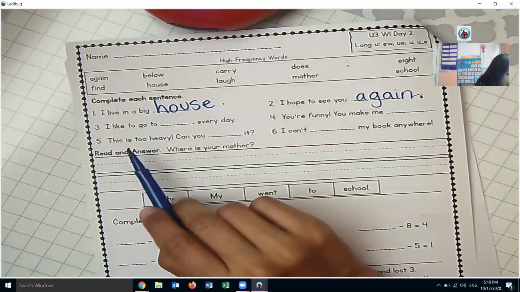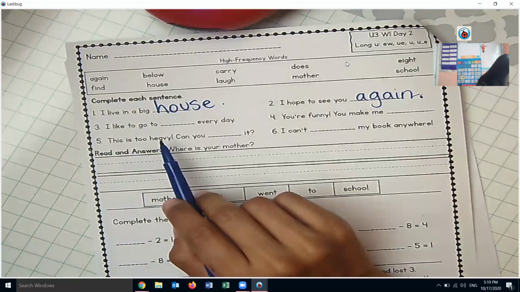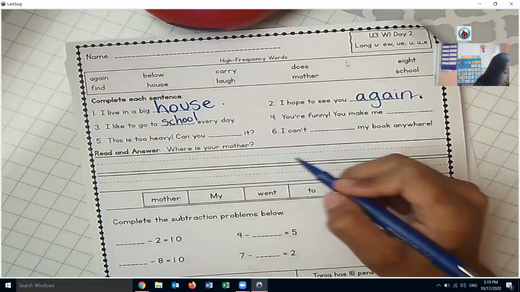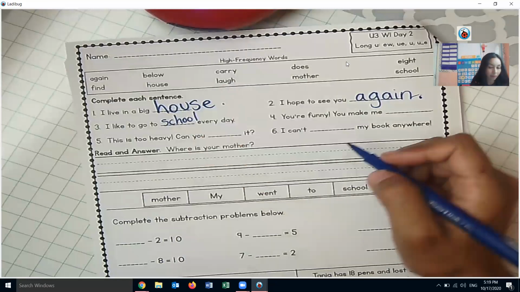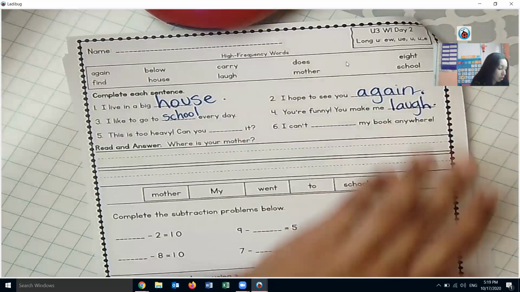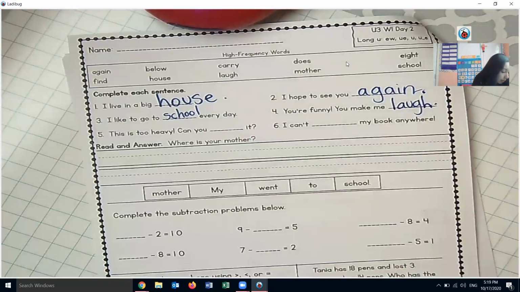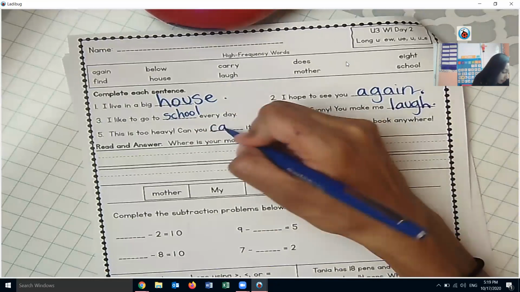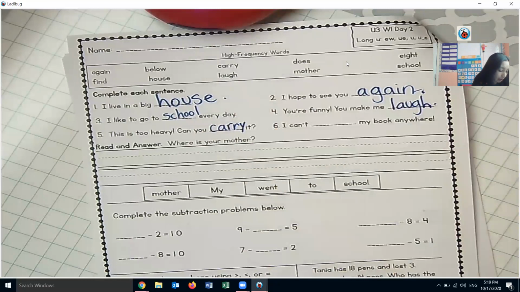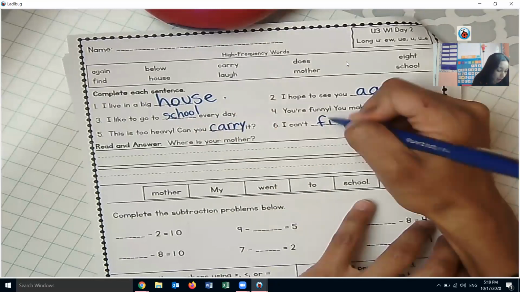I like to go to school every day. You're funny. You make me laugh. This is too heavy. Can you carry it? I can't find my book anywhere.